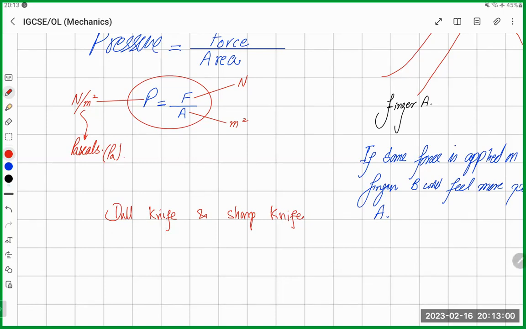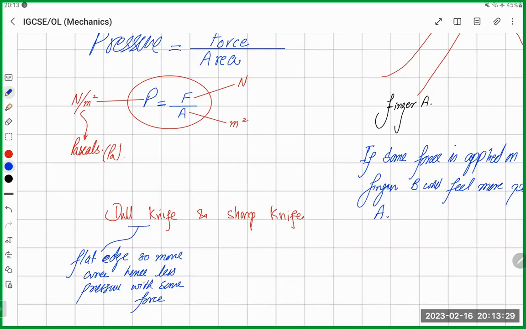So a dull knife has a flat edge, so more area, hence less pressure with the same force. This is why if you have a dull knife, you have to exert more force to cut something.